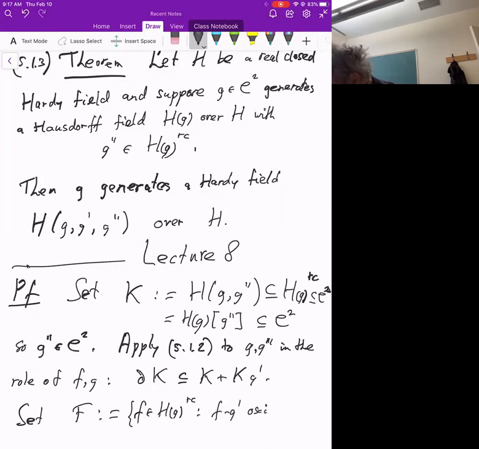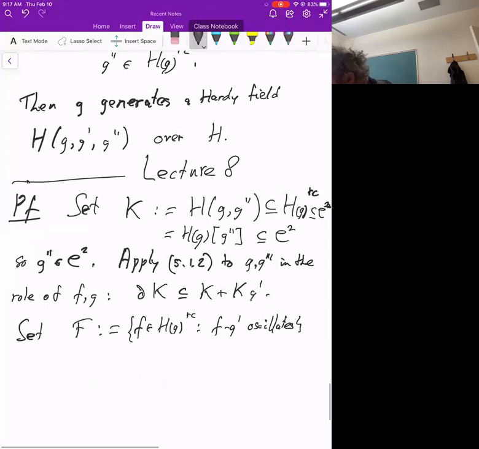The difference with G prime. Right. Now, okay, this is just a definition. Everything takes place in this real closure, right?